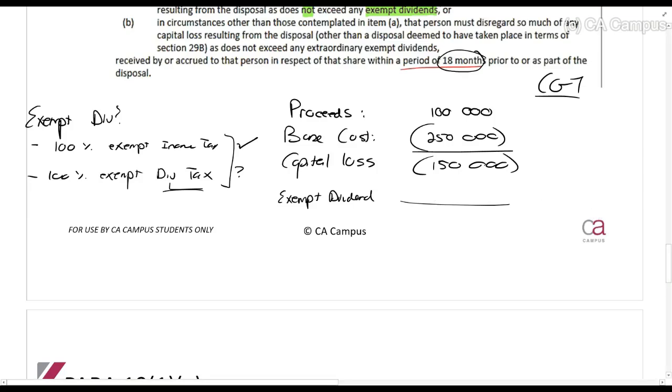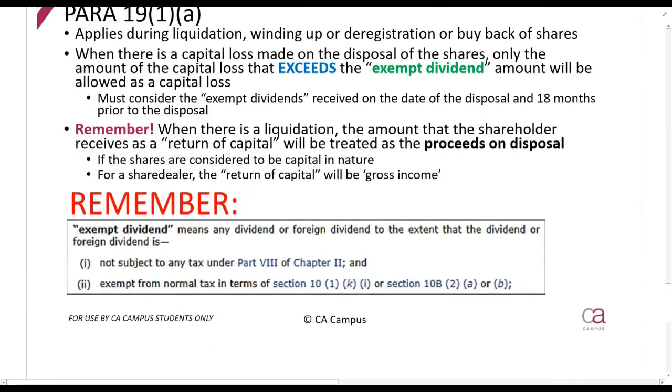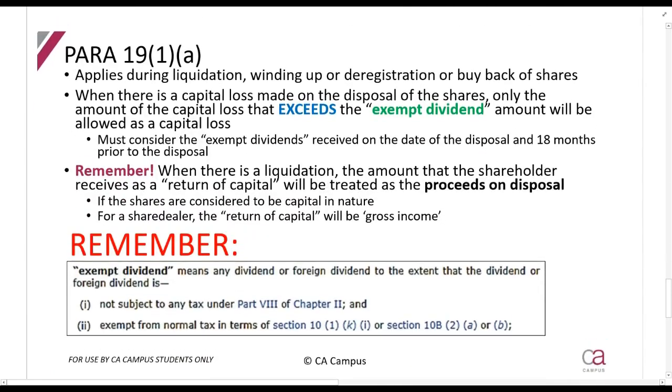Let's say your exempt dividend was 200,000 rands, so the loss is less than the exempt dividend, then there's no amount that will be allowed to be claimed. That's basically how it works. Okay, so only the amount which exceeds the exempt dividend will be allowed.